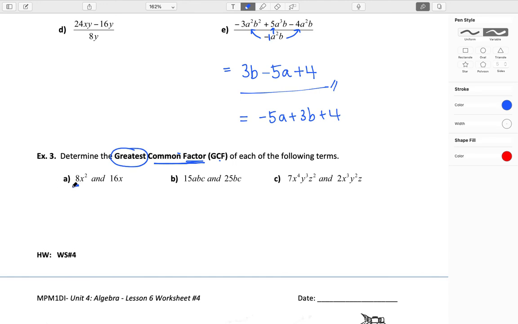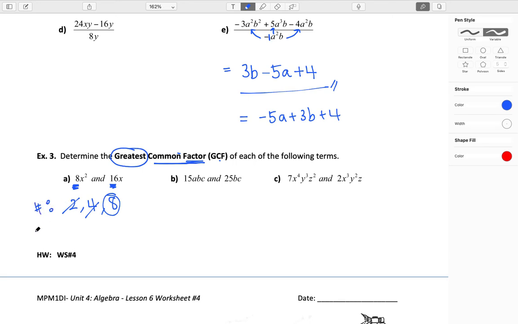For the numbers, we have 8 and 16. Now what number goes into 8 and 16? Well, we know that 2 goes into 8 and 16. 4 also goes into 8 and 16. And 8 as well. But the greatest one is going to be 8. So 8 is my greatest common factor for the numbers.